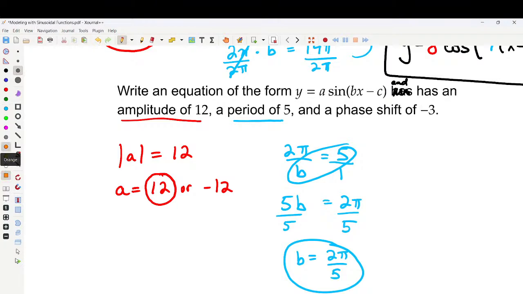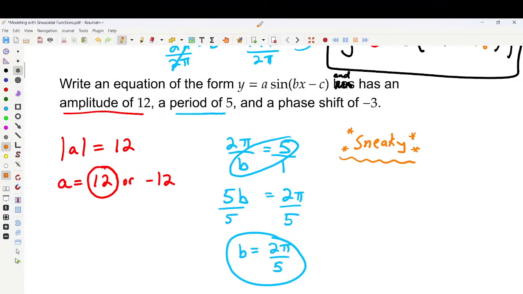Now, our phase shift of negative 3. So this is sneaky. And I didn't like this in the homework, but it is what it is.